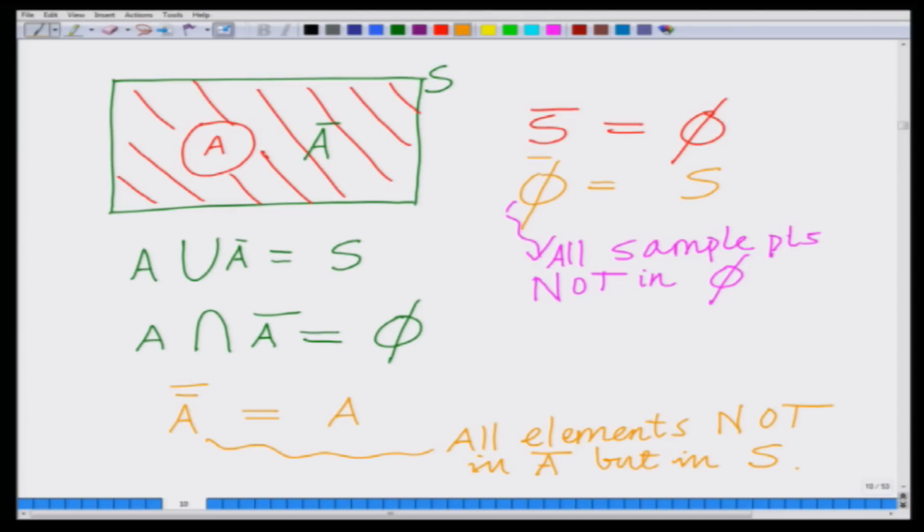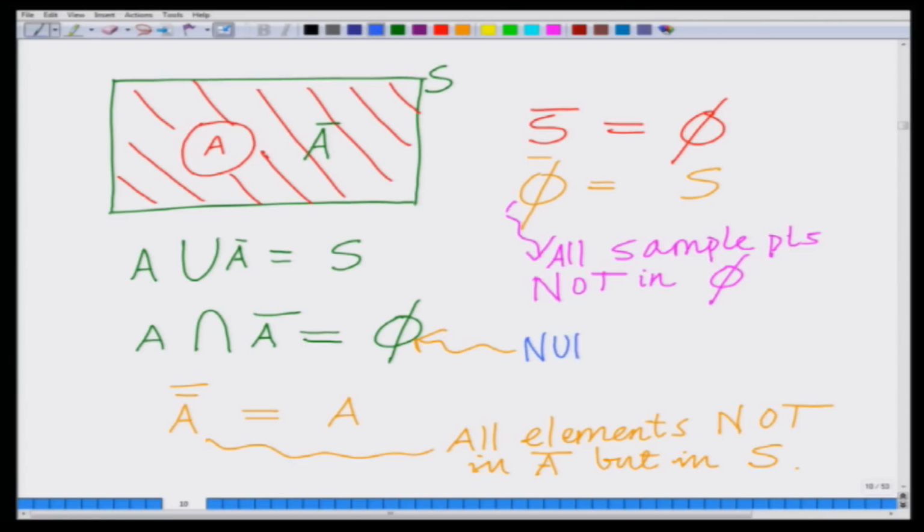So, we have some key properties: the complement of the sample space is the empty set, the complement of the empty set is the sample space, A union A complement is the sample space, A intersection A complement is the empty set. This is also known as the null event, the empty set in the context of an experiment and outcomes.